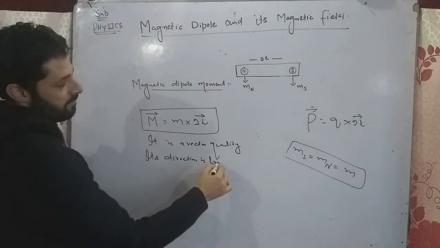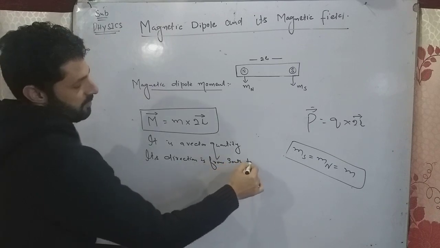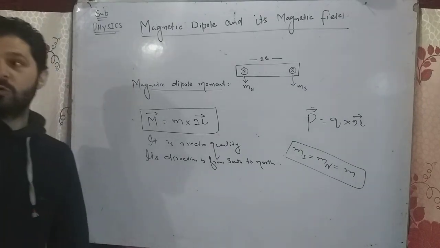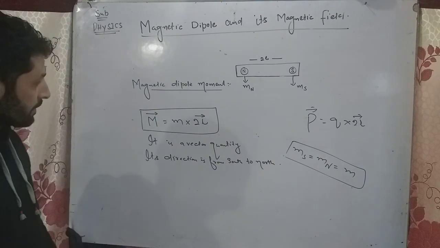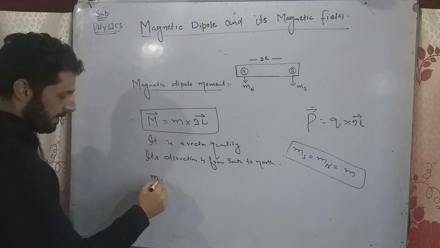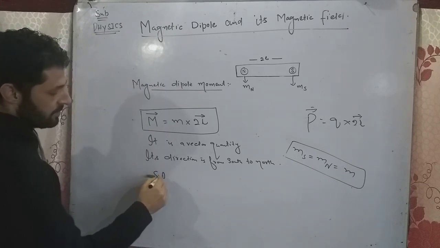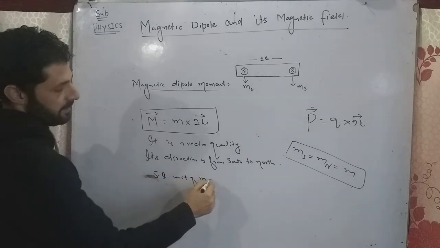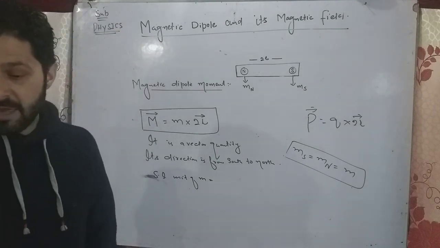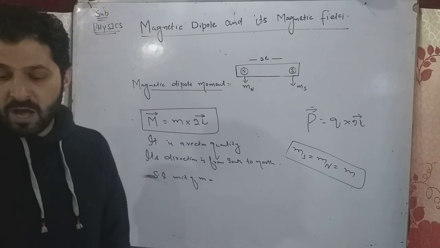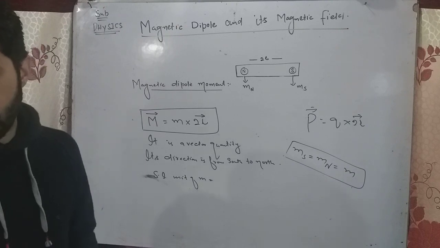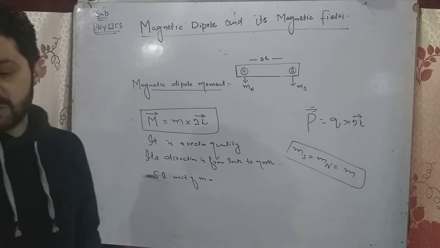And its SI unit: the SI unit of magnetic pole strength m is ampere meter, and for the dipole moment it is ampere meter square.